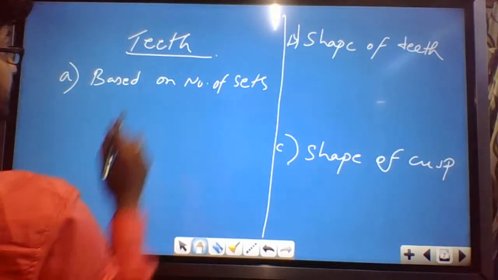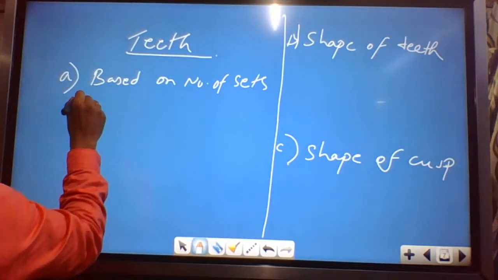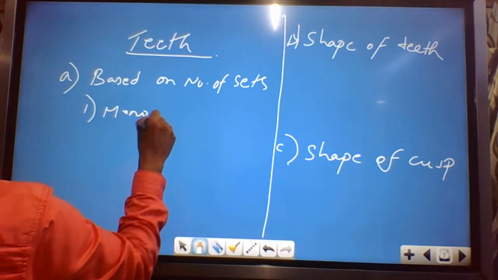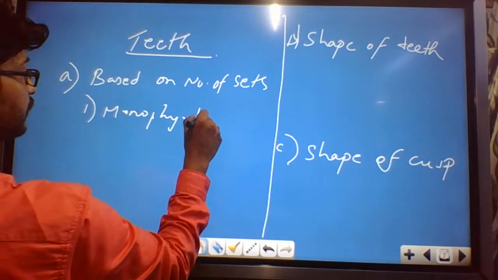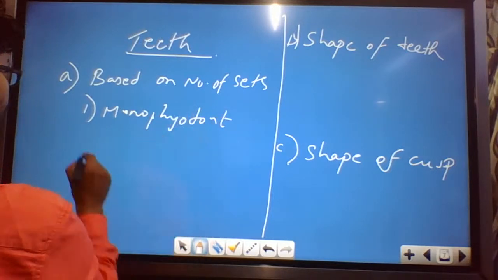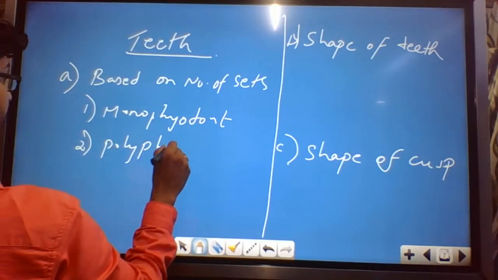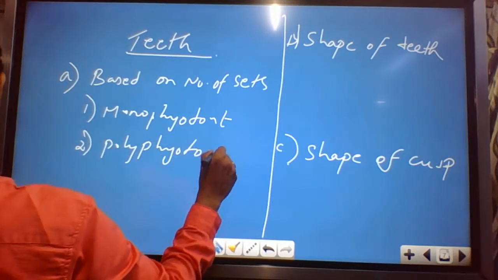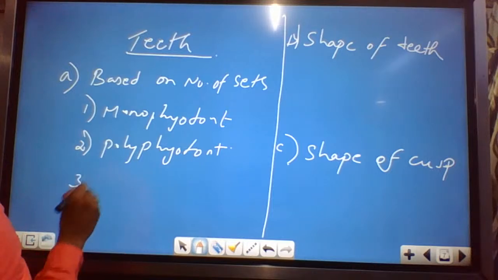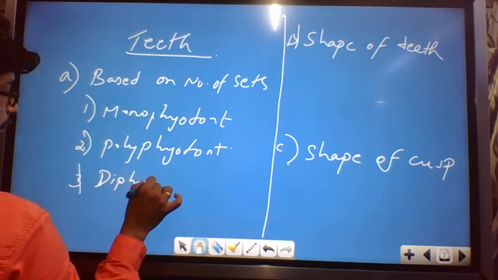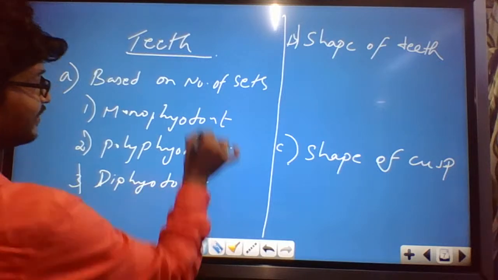So first based on the number of sets அப்படினு பாத்தீங்கன்னா monophyodont னு சொல்றோம். Number second is polyphyodont. Number third one is diphyodont. என்ன அர்த்தம் இது monophyodont?